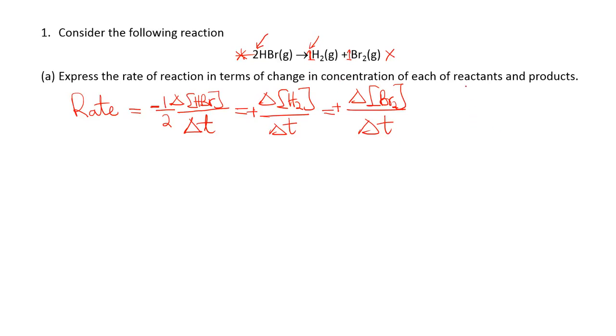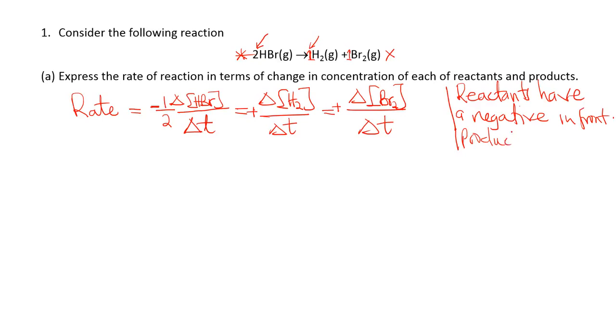So in this kind of rate, reactants have a negative in front. Products have a positive in front.